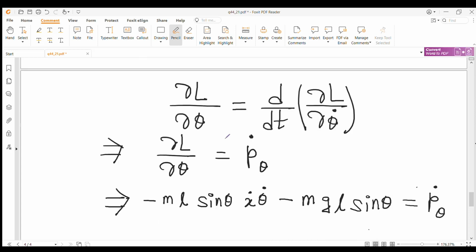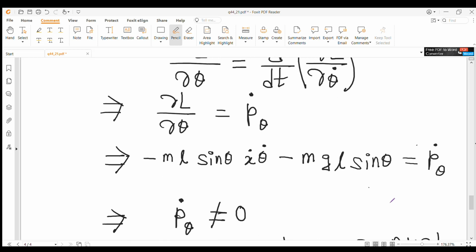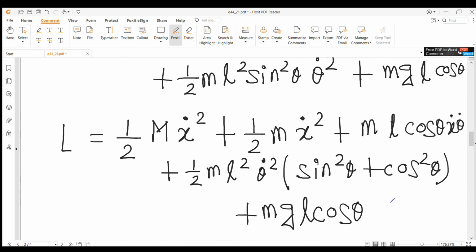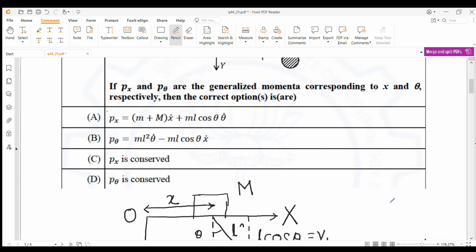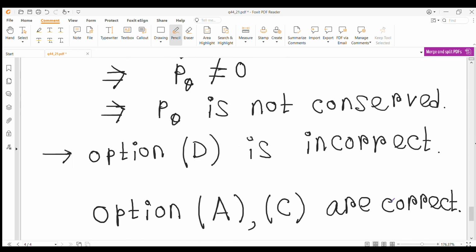Now del L del theta is equal to minus small m into L into sin theta into x dot into theta dot minus small m into g into L into sin theta, and this is equal to p theta dot. So p theta dot is not equal to 0. This means p theta is not conserved. In option D, we have p theta is conserved. So option D is not correct.